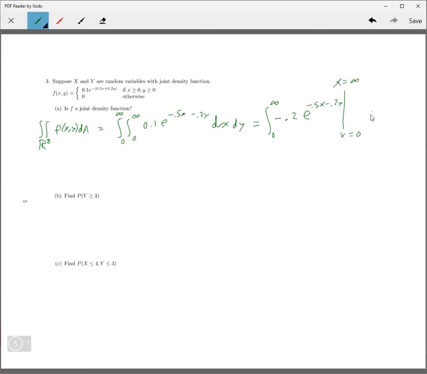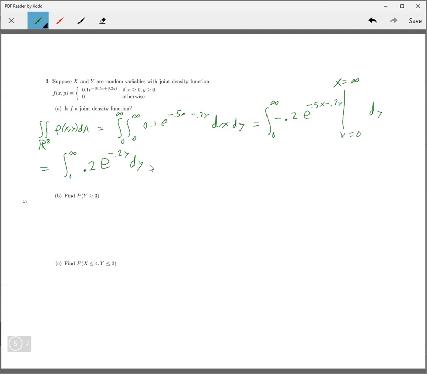As x goes to infinity, this goes to 0. So then you're subtracting just a 0. You plug a 0 in here, and you subtract, and that wipes out that negative, so you get 0.2 e to the negative 0.2y. That's plugging a 0 in for x.